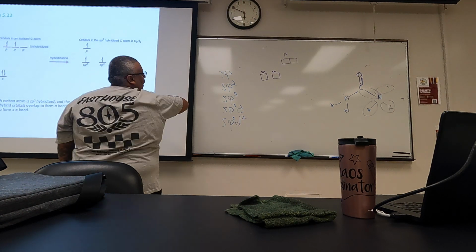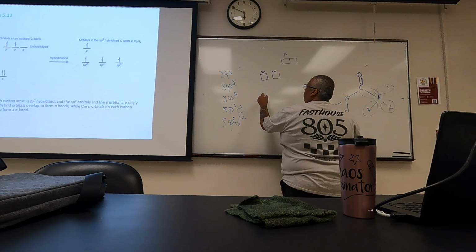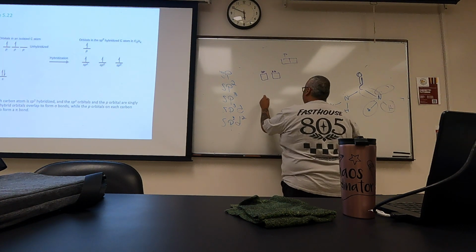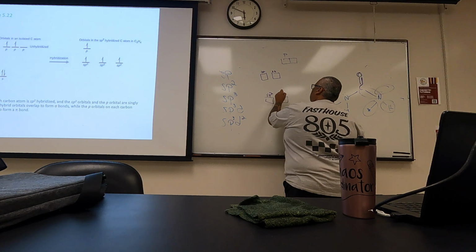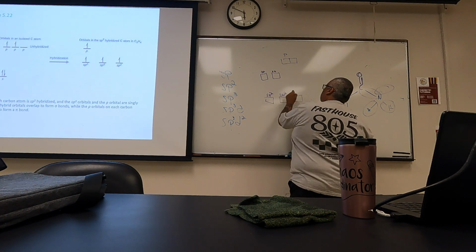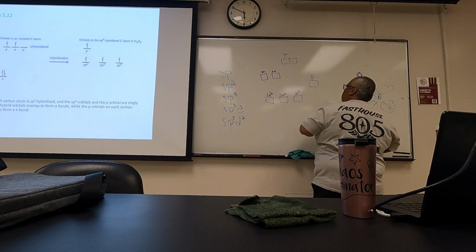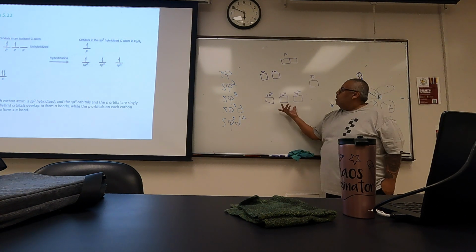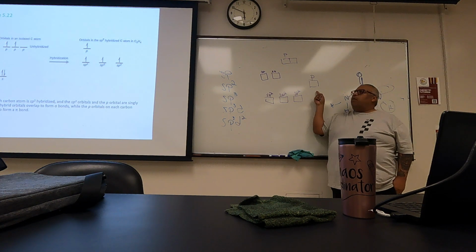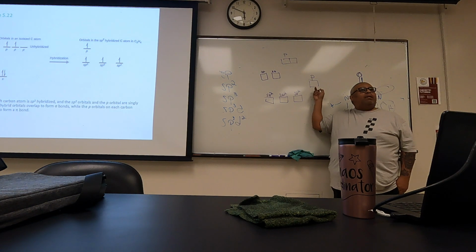One of them is unhybridized. Sorry, this is sp, this is sp2. So for an sp2, there's 1 unhybridized p orbital. This is where we make our pi bonds.